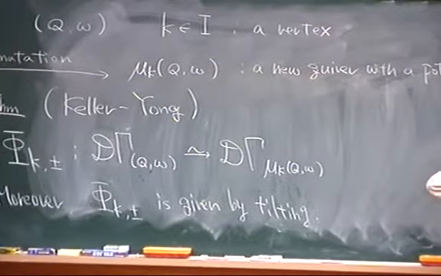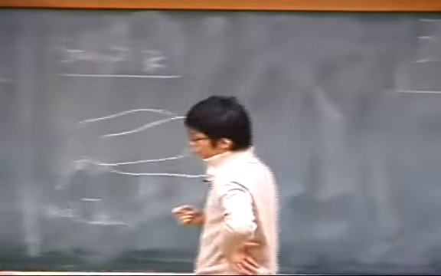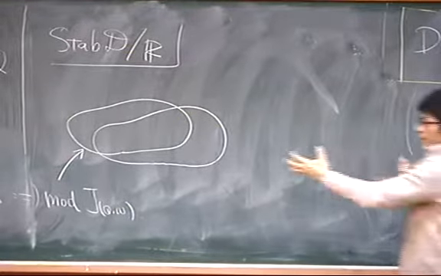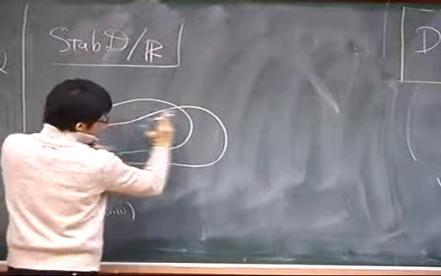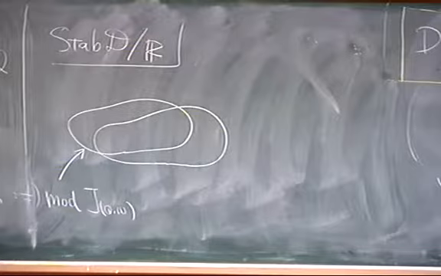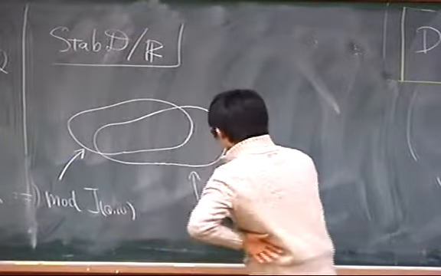But actually this is a kind of the smallest tilting. As I said, tilting is a kind of shift of the open set in a space of stability condition. And here we shift a little bit in a space of stability condition, roughly speaking.